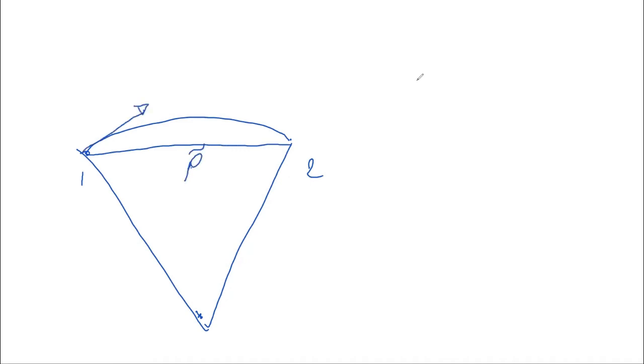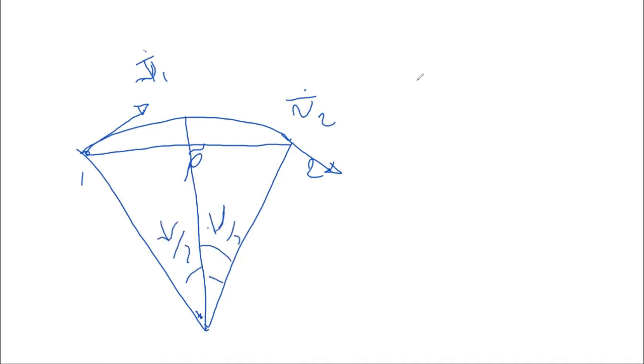This is the along-track velocity for satellite 1, and this is the along-track component for satellite 2. If I divide these, this angle between the two satellites is psi, the spherical geocentric angle.